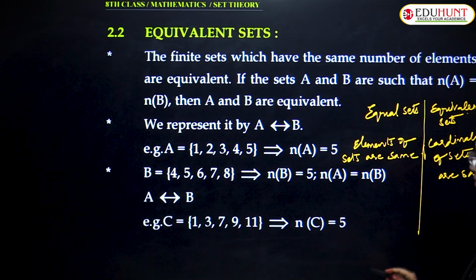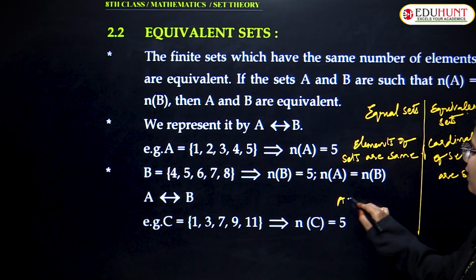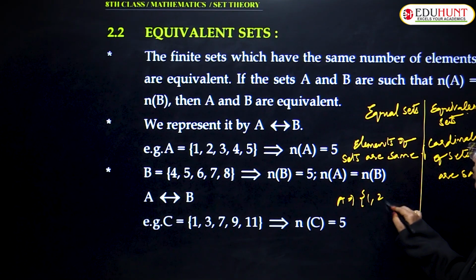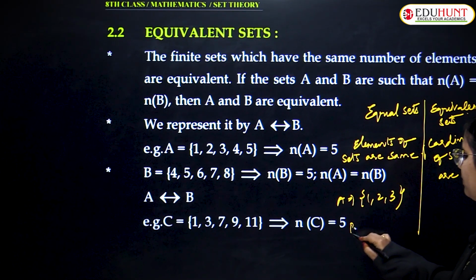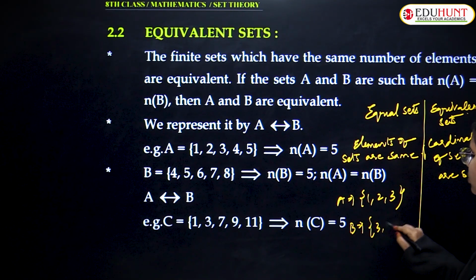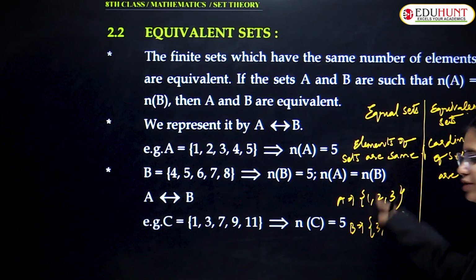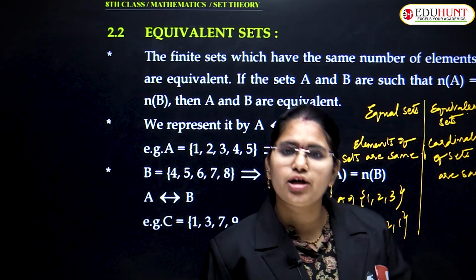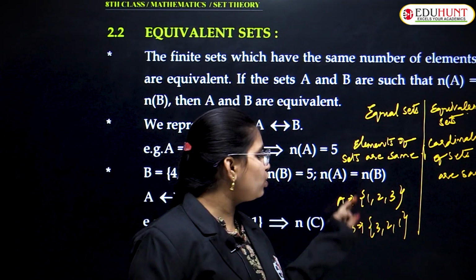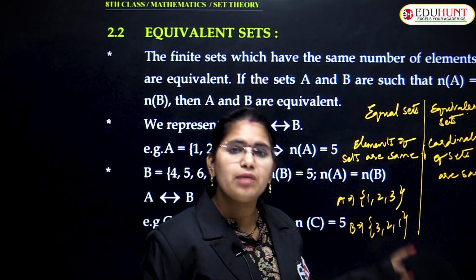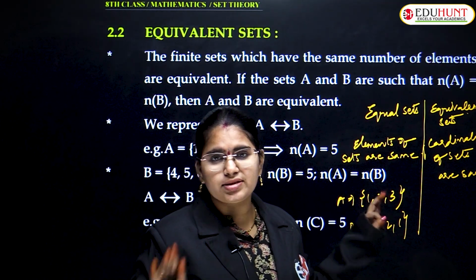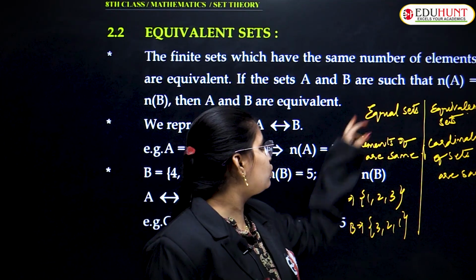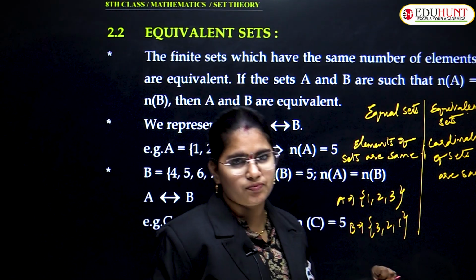For example, in equal sets, let me take A is equal to 1, 2, 3 and B is equal to 3, 2, 1. In both cases, what elements are existing over here? 1, 2, 3 only, correct? So in both sets you have the same elements. So these both are equal sets.